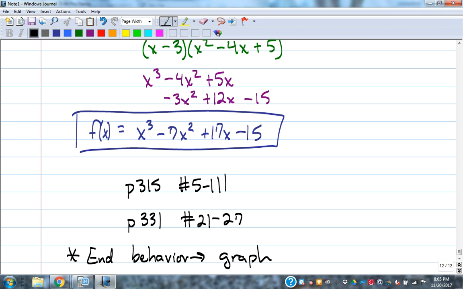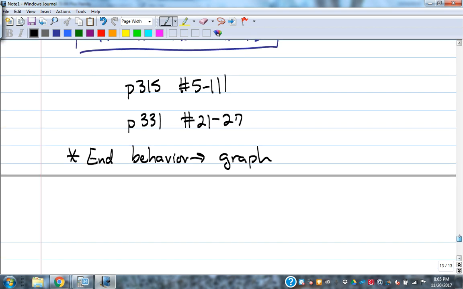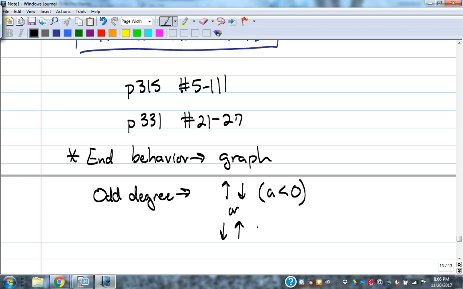So end behavior, kind of a shortcut to that somewhat is if it's got an odd degree, it's either going to go up to the left and down to the right or the other way. And that leading coefficient, that A that we were finding earlier, if A is negative, it does this. If A is positive, it does this. If it's got an odd degree, like the highest exponent's a 3, a 5, a 7, something like that.